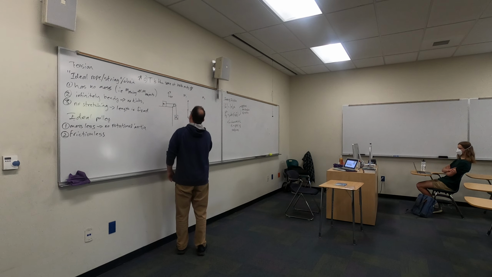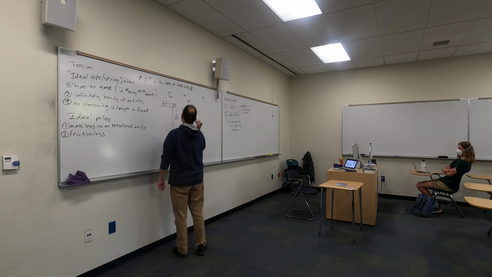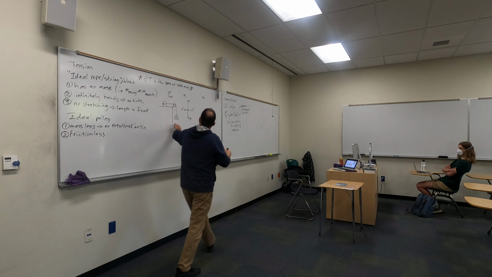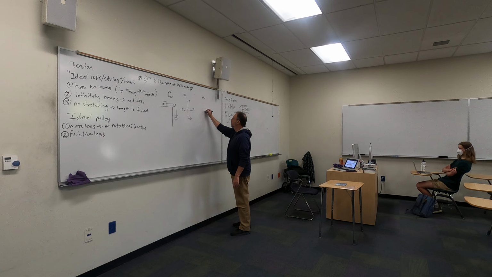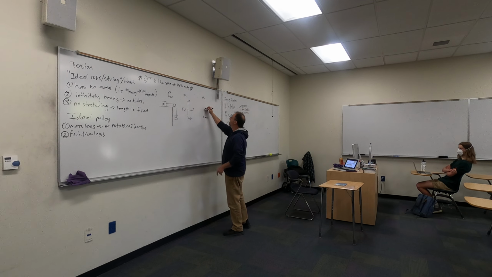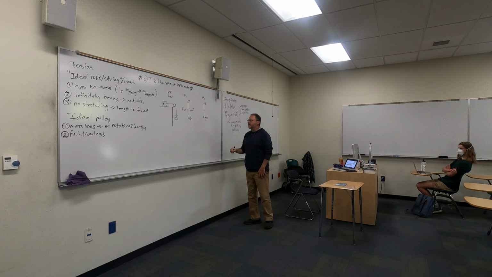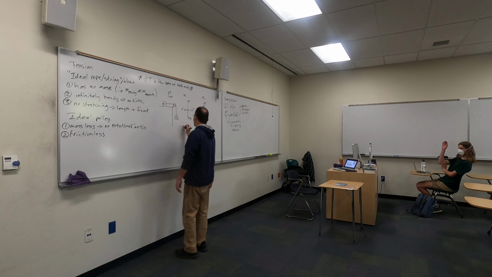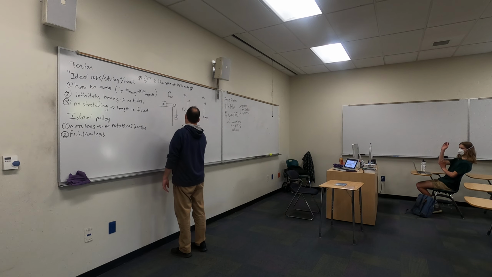We've got tension going this way, and we've got friction going this way. For M2, I've got gravity pulling it down, M2G, and I've got tension pulling up on it. And nothing else.